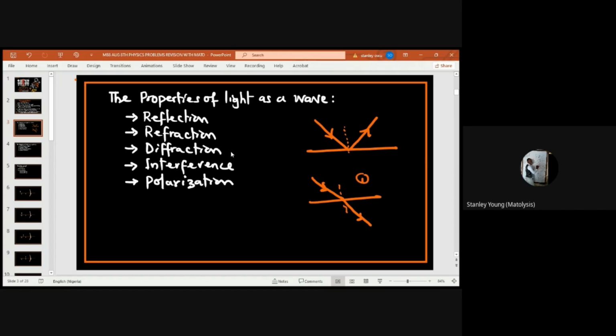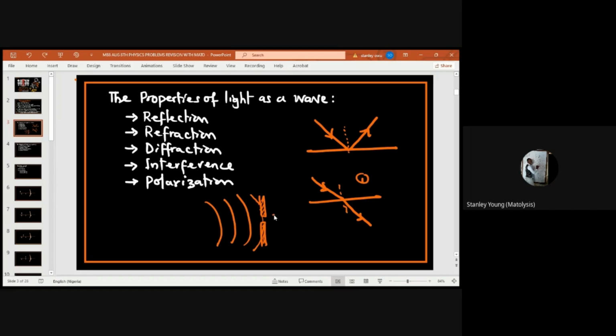So we have diffraction itself. Diffraction is the bending of a wave when it meets an obstacle or an open slit along its path of propagation. For instance, if you have this to be a slit, and you have an approaching wave, which we can call the incident wave, and it eventually gets here, what happens? In order to pass through these slits, it's going to bend.